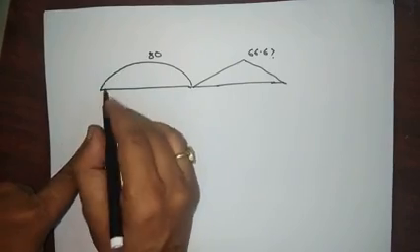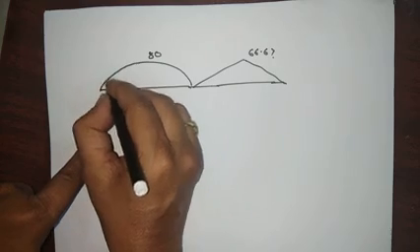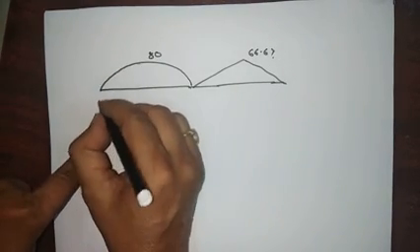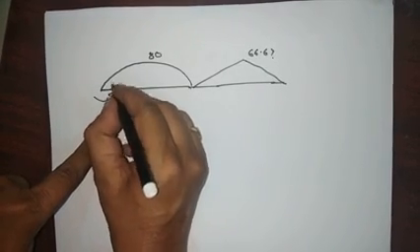Initially we assumed the moment is sagging, but our answer is negative. It means it is produced in this way, and this is hogging.